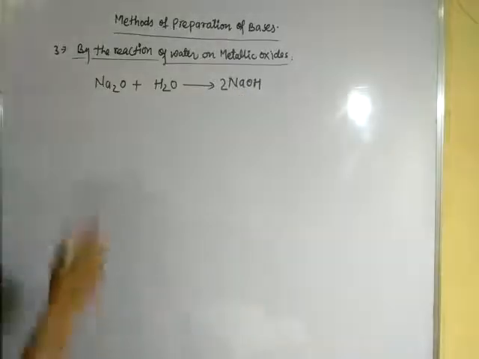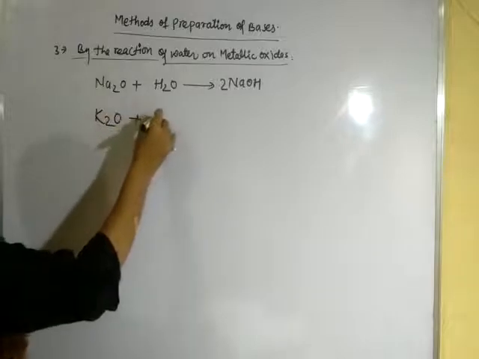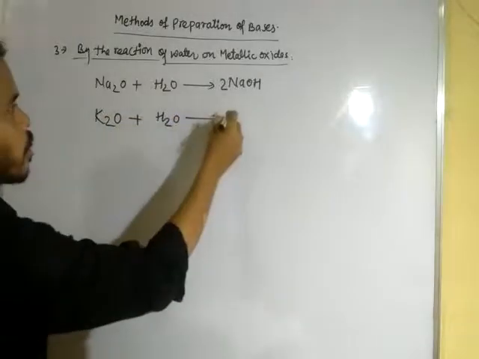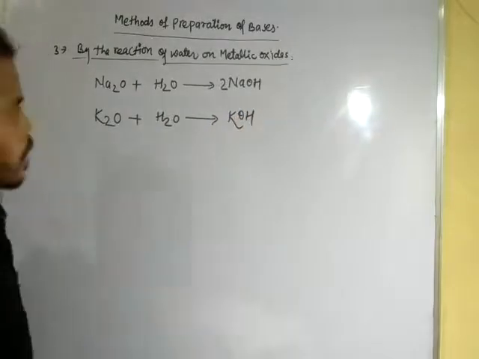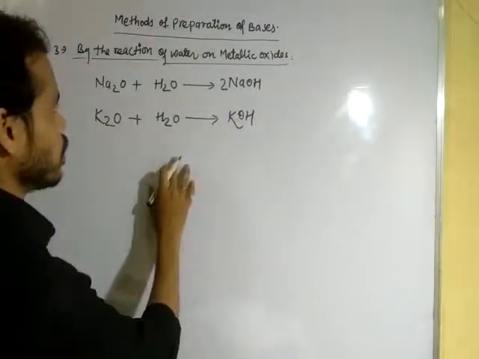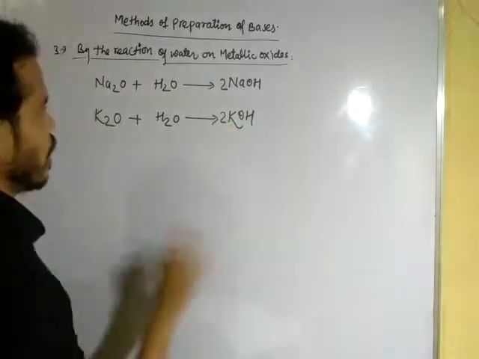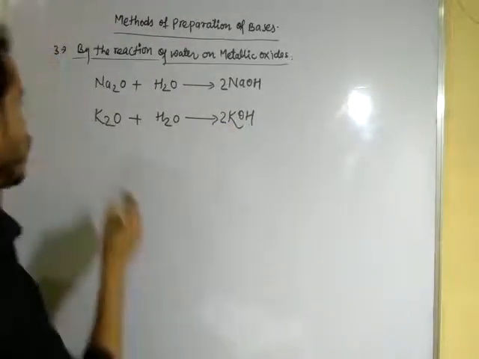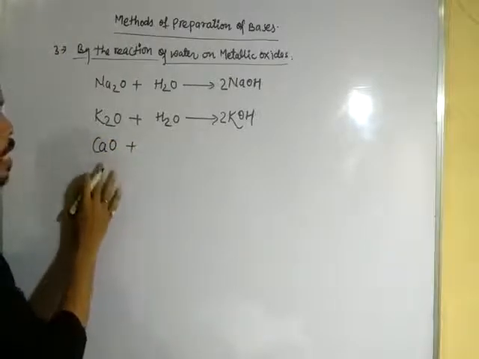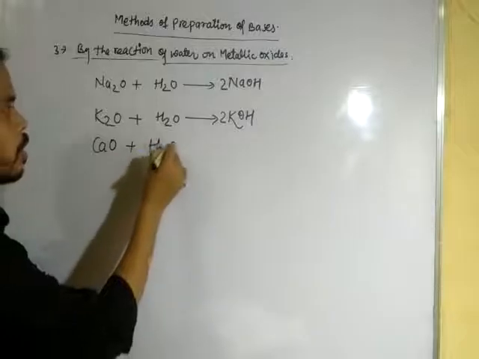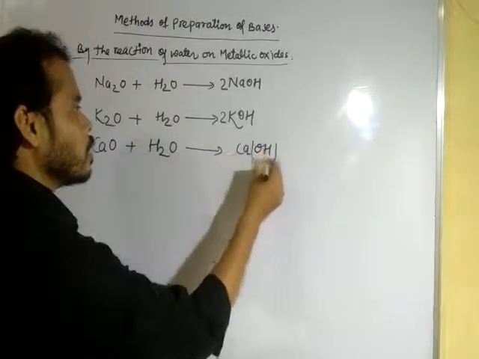Now the second one is when potassium oxide, K2O, once again dissolves in water to form potassium hydroxide, KOH. To balance this reaction, multiply on the right hand side by 2, and the reaction is balanced. Let us see another important example: when calcium oxide dissolves in water to form calcium hydroxide.